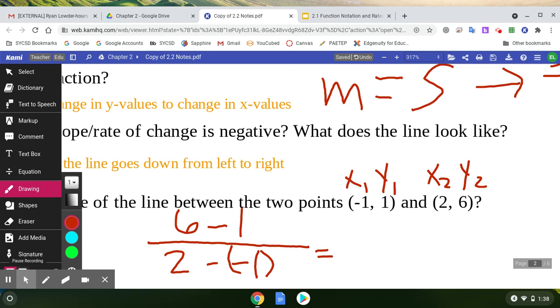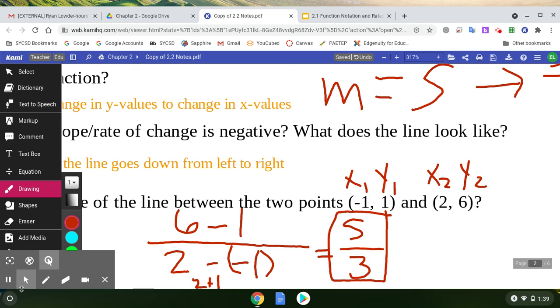So the change between 1 and 6 is 5, and the change between negative 1 and 2 is actually 3 units, right? Because there's 3 units in between those two numbers, and 2 minus negative 1 is the same as 2 plus 1. So mathematically, we can see that that's a difference of 3. Therefore, our slope between those 2 points is 5/3.